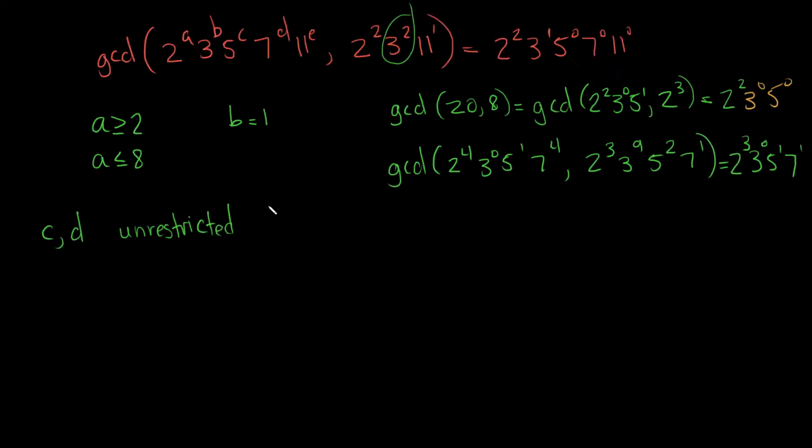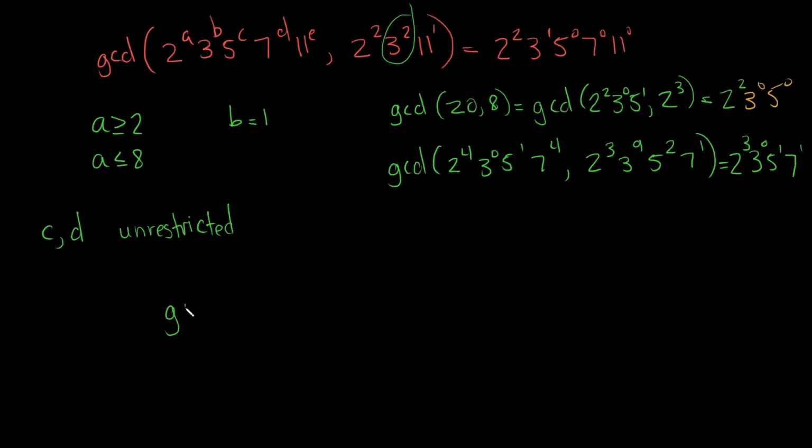Finally, e is our only option remaining here, our only power left to be dealt with. And we see we have 11 to the e and then 11 to the 1. But we can't have any powers of 11 here. Because we can't have any powers of 11 in the answer, and we have a power of 11 here, we say, well, if we had any powers of 11 here, they would go through.